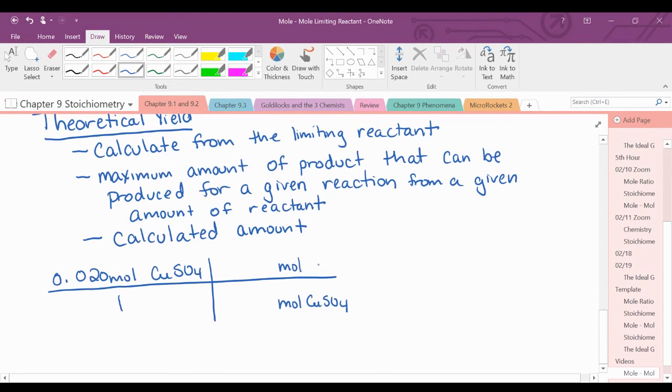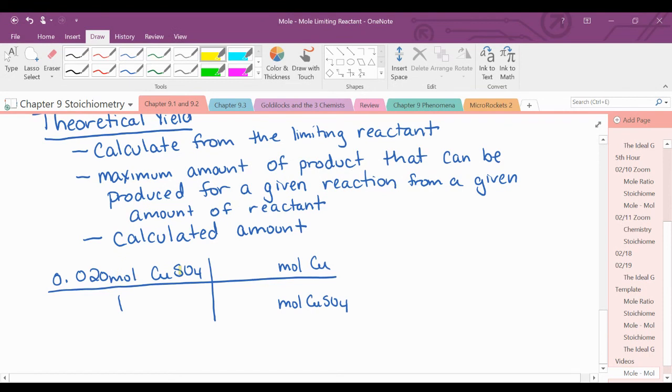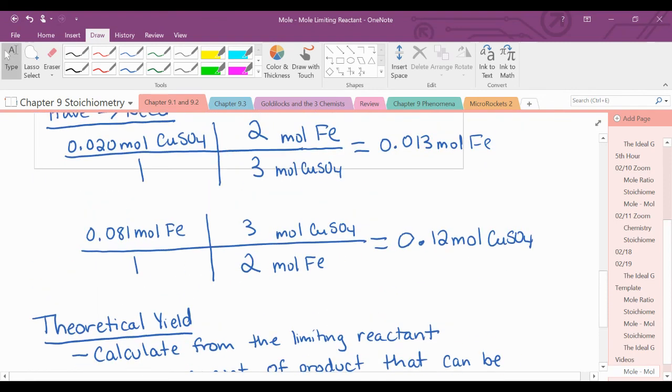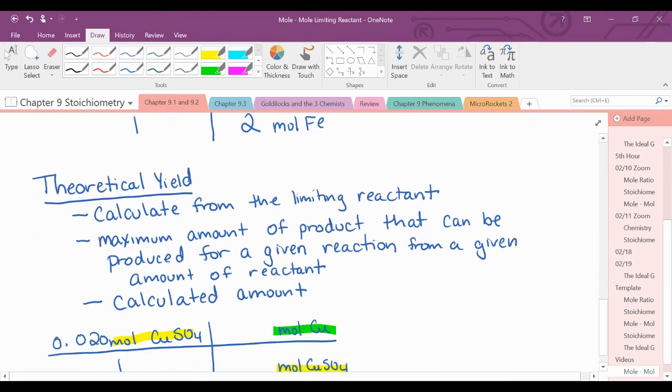And so if we go back up to our balanced equation, this is a mole to mole conversion. I'm converting from moles of copper 2 sulfate to moles of copper. So if I go back up to my balanced chemical equation, I have 3 moles of copper 2 sulfate will produce 3 moles of copper.